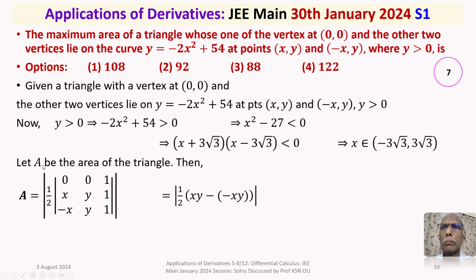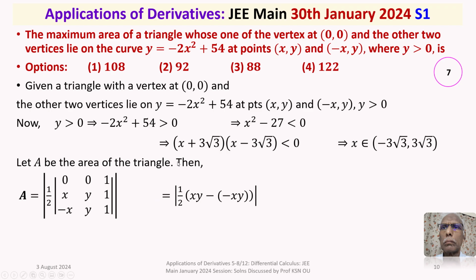That is the mod of 1/2 times the determinant. Corresponding to the vertex (0, 0), that is 0, 0, 1, that's the first row. Second row corresponds to the second vertex (x, y), that will be x, y, 1. Corresponding to (-x, y), the third row, -x, y, 1.